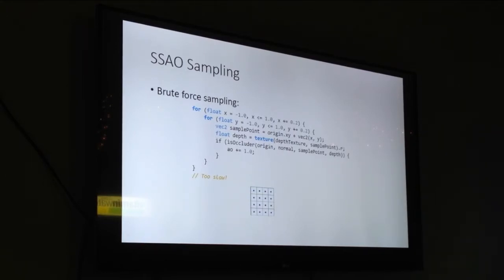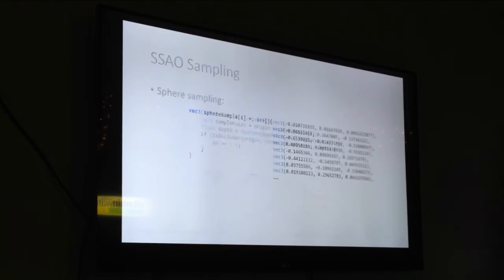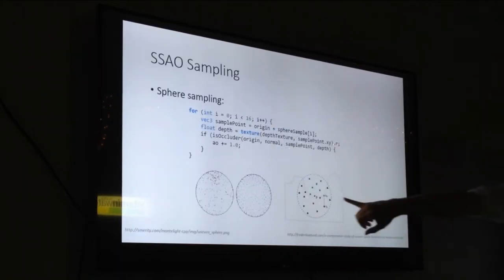Now this is too slow because it takes a lot of samples. It accesses the texture a lot of times. A better way to do this would be to look in a circle or sphere, a sort of virtual sphere. This goes back to the hemisphere thing that we were talking about.